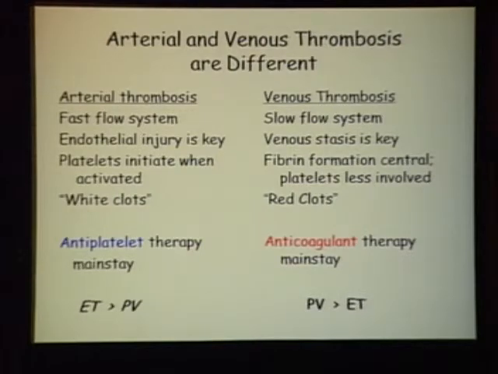And these are red clots because they're very rich in red cells. And here, anticoagulant therapy is the mainstay. And here you see somewhat more venous thrombosis in polycythemia vera, as the very high red count, if it's not treated, can actually contribute strongly to high blood viscosity and low flow.